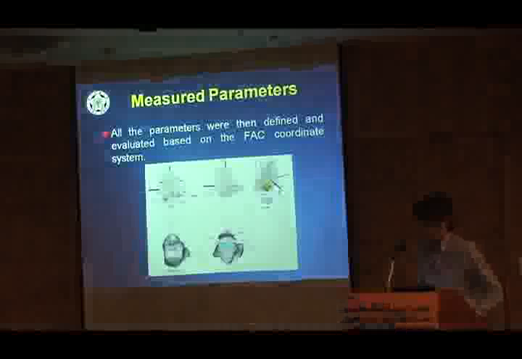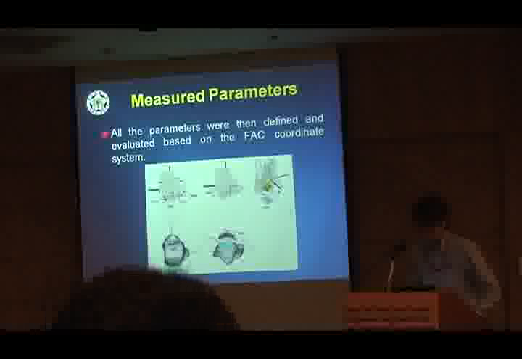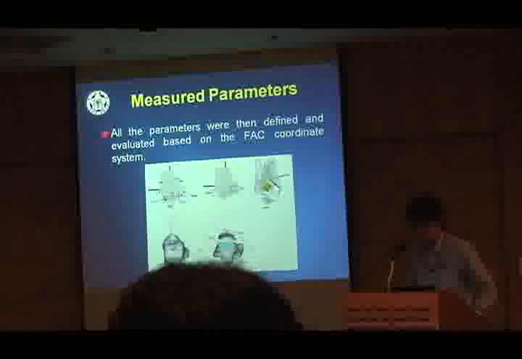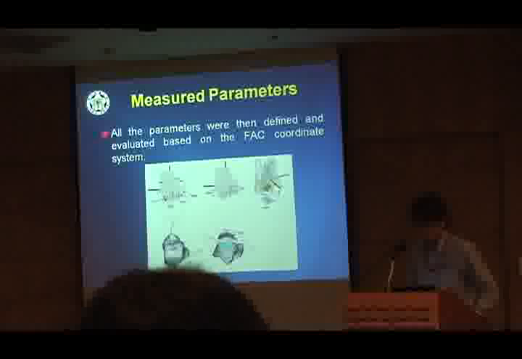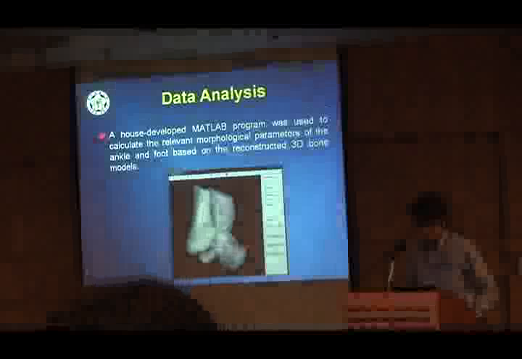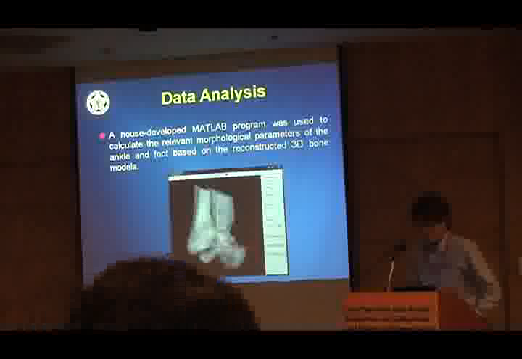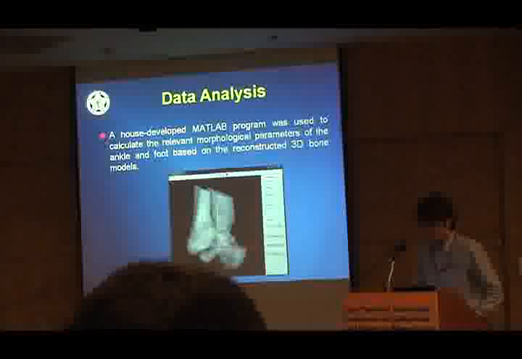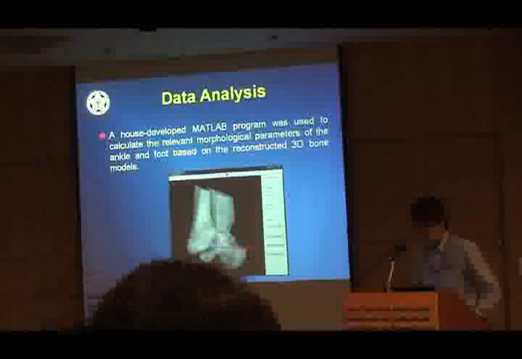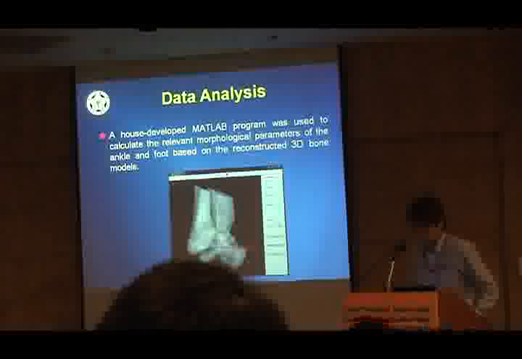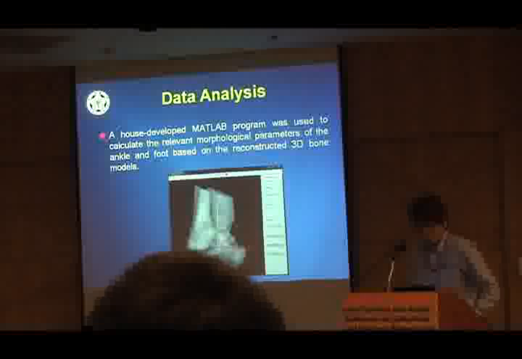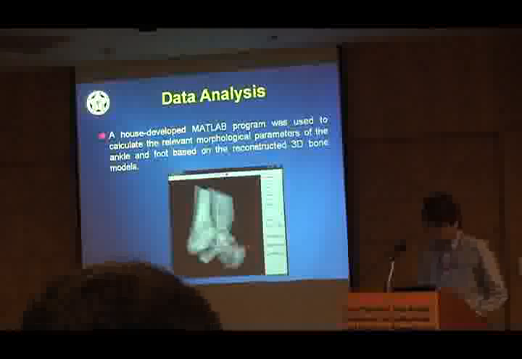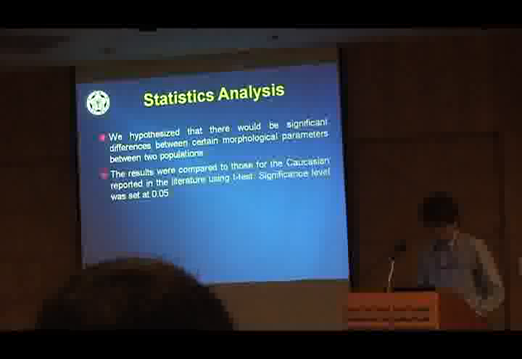And all the parameters were then defined and evaluated based on the local coordinates. A MATLAB program was used to calculate the relevant morphological parameters of the ankle and foot based on the reconstructed 3D bone model.